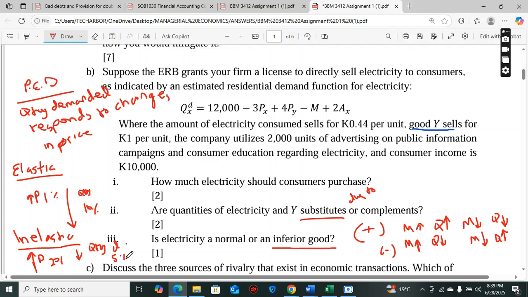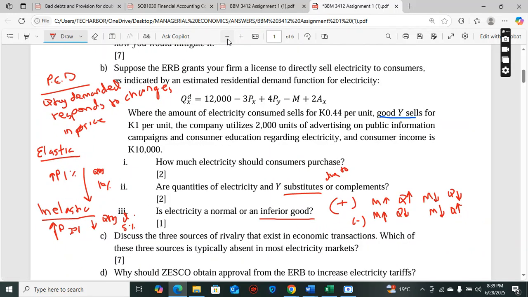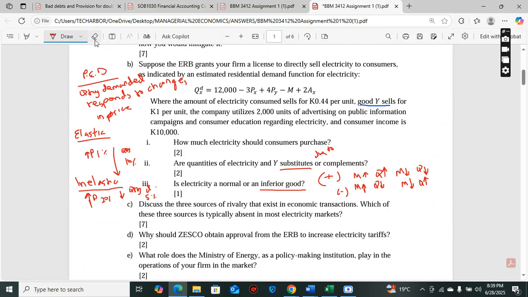Sometimes they can ask you if the demand for electricity is elastic or inelastic. In case they ask you, is the demand for electricity elastic or inelastic, this is the formula you're going to use.